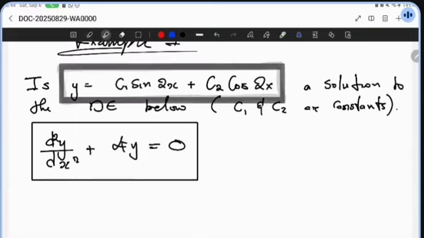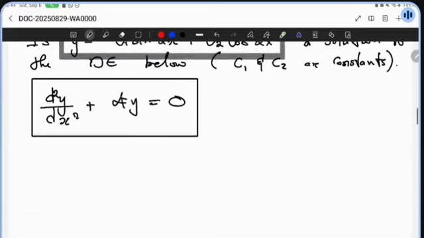How do we do that? You need to substitute. Where there's y, we put that expression. Where there is the second derivative, we substitute the second derivative. What we want to see is, will the left-hand side be equal to the right-hand side? The right-hand side is just 0. Would the left-hand side also reduce to 0?